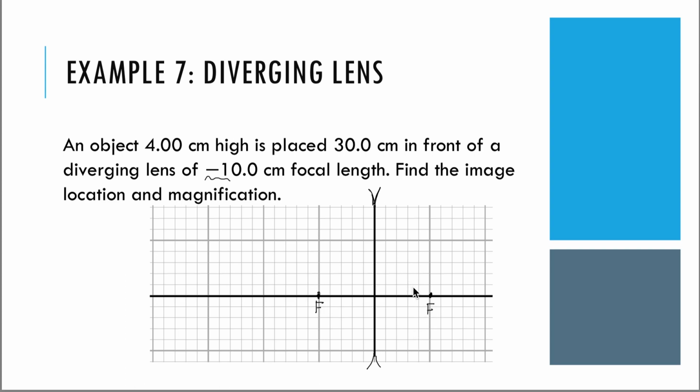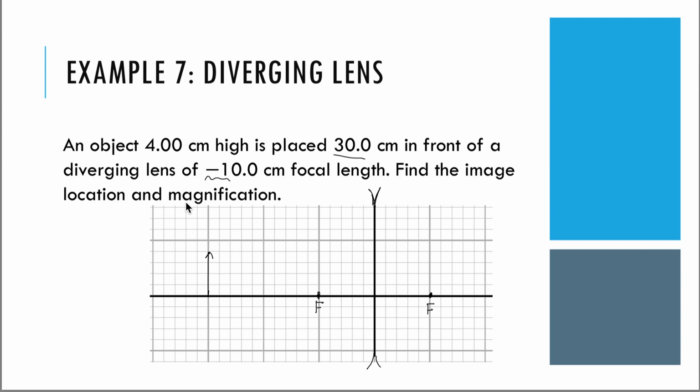Next thing is to draw the object. It says it's 30 centimeters in front, so it's going to be 3 of these squares here. And I happened to make it 4 squares high just because I knew that the image formed was going to be smaller, so I didn't want it to be too small. And now we are ready to draw our 3 rays.